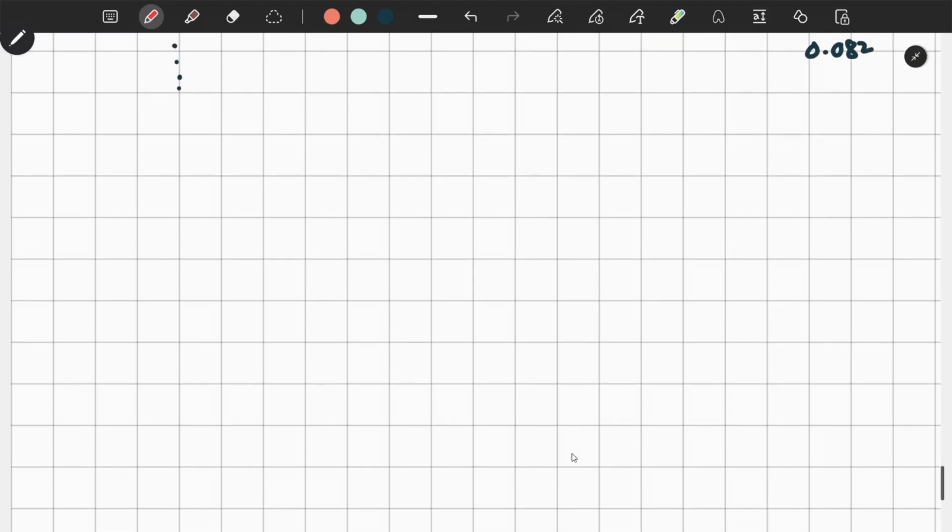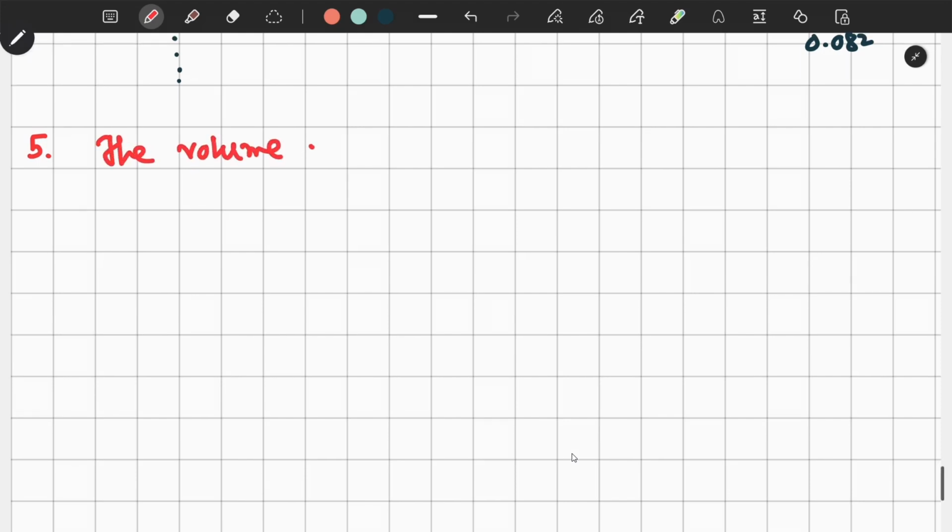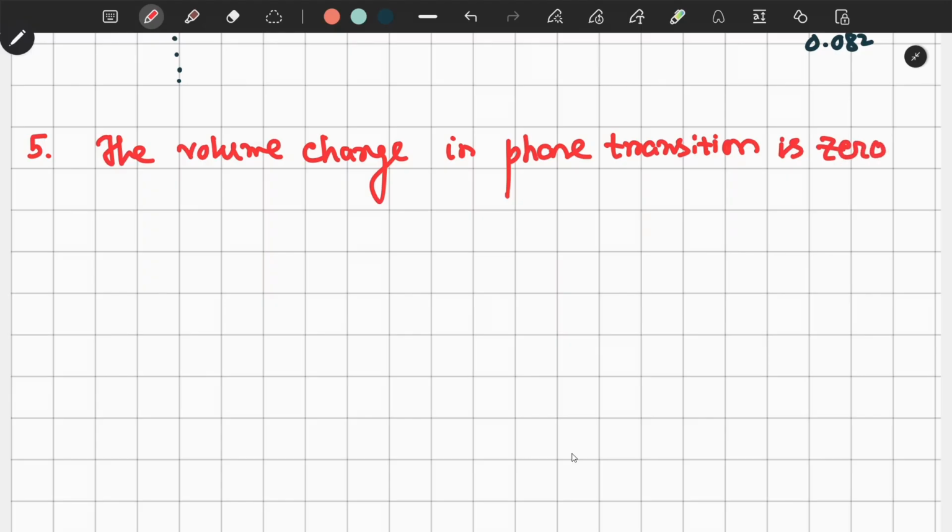There is lots of this. Okay, volume change is 0. There is no volume change.